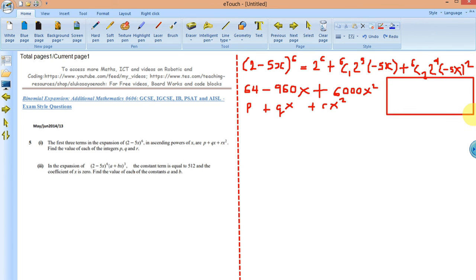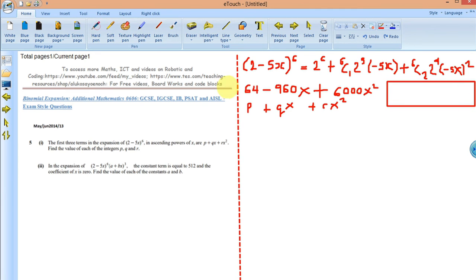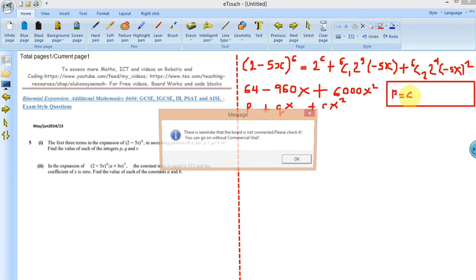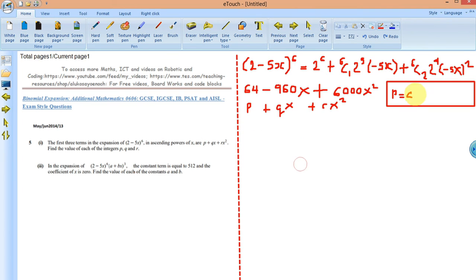So in conclusion, the value for p is 64. So p is 64.